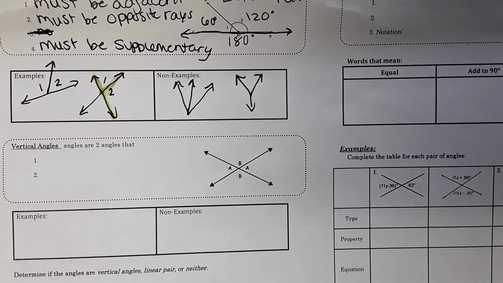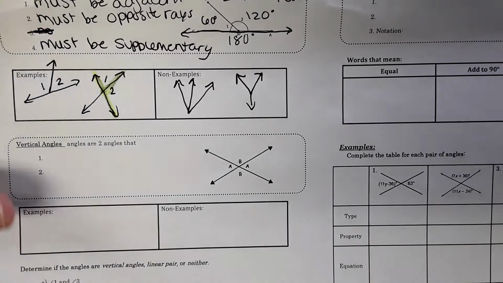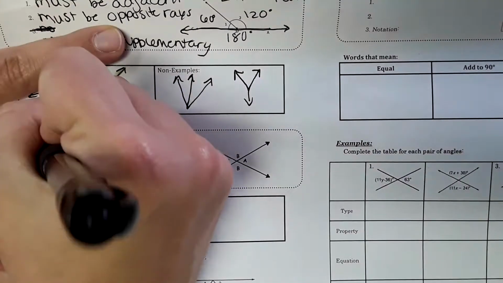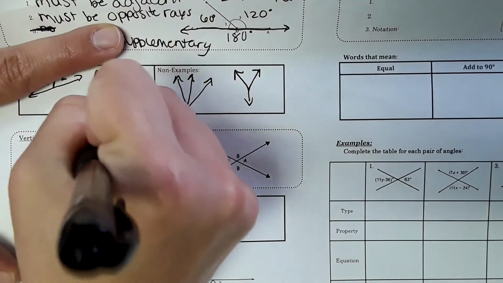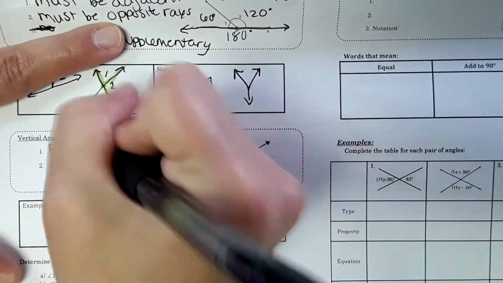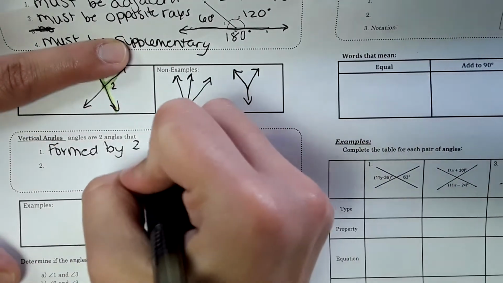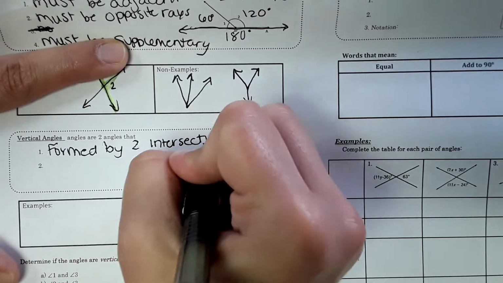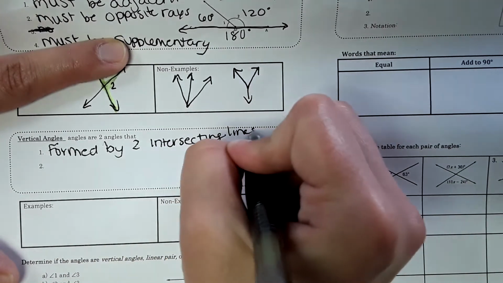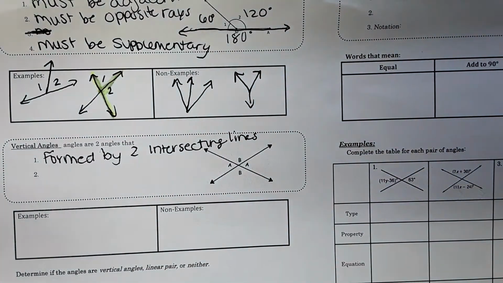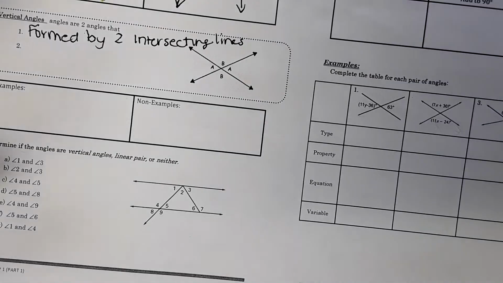Next concept is vertical angles. Vertical angles are formed by two intersecting lines. Does anybody remember vertical angles from 8th grade? No? Okay.